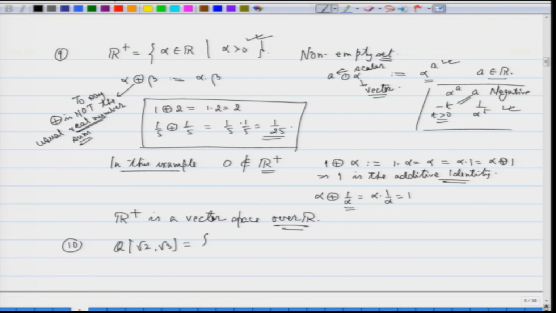This is the collection of all elements of the type A0 plus A1 root 2 plus A2 root 3 plus A3 root 6, with each Ai belonging to the rational numbers. You can see that you can add two vectors, you can multiply by a rational number. So, this is a vector space over Q.